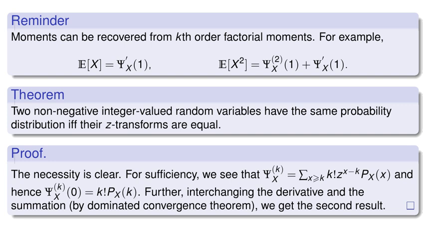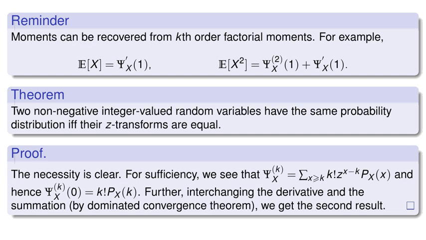For sufficiency, observe that the kth derivative, psi sub X superscript k of z, involves terms like z to the power X minus k. Evaluating this at z equals 0, only the term where X equals k potentially survives, yielding psi sub X superscript k evaluated at 0 equals k factorial times p sub X of k.